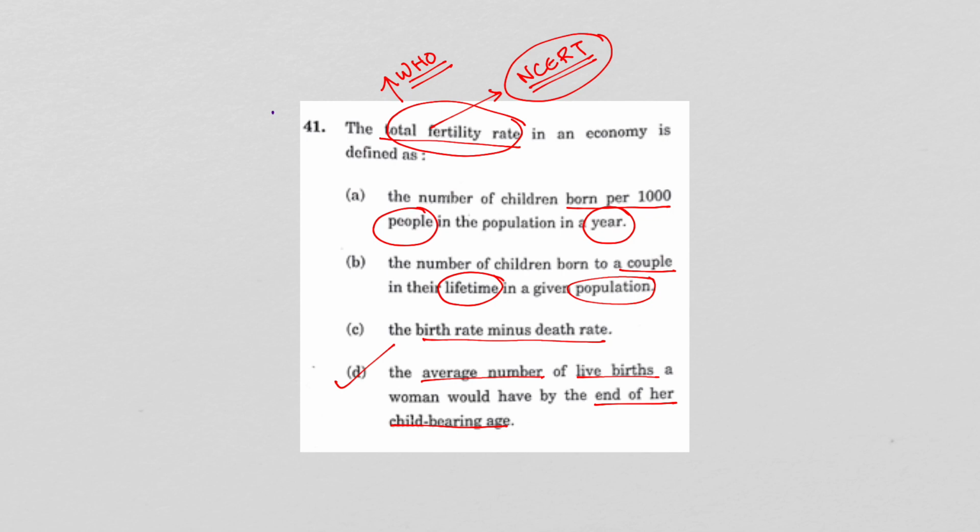Now, if you see this option, the question is about total fertility rate in an economy. That is, here the question takes into consideration a macro level, whereas to understand this question, let us take the micro level. That is, let us consider the case of one single woman. So, when we take the case of one single woman, the total fertility rate of that woman would be in her menstrual age.